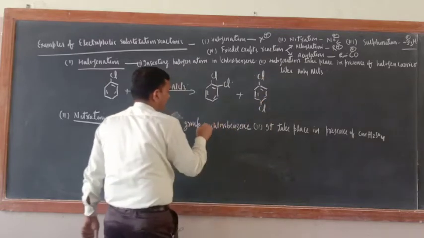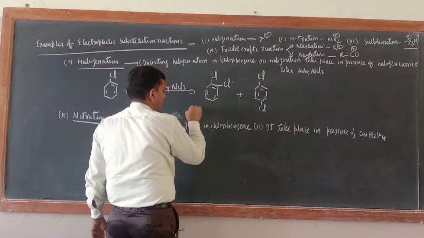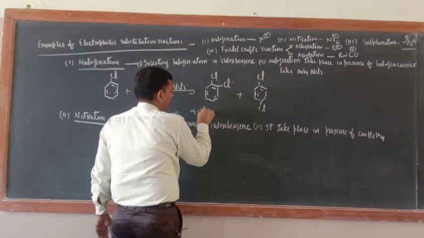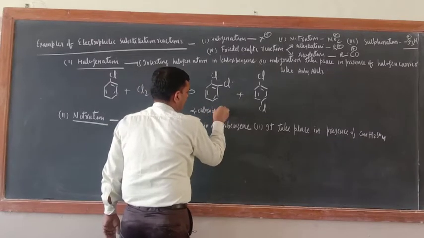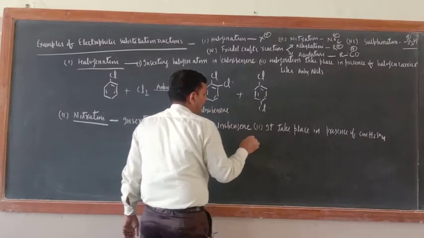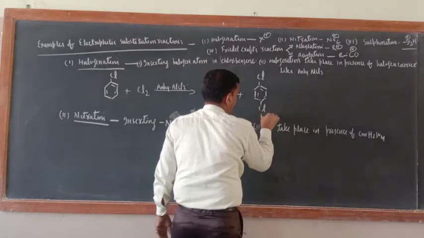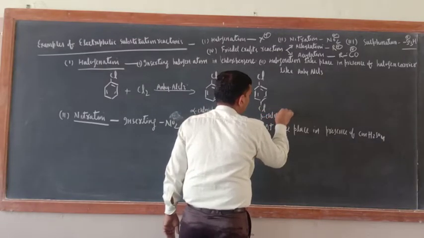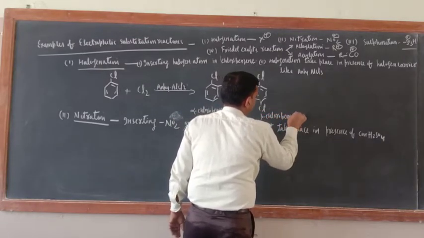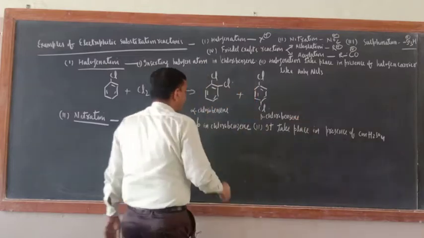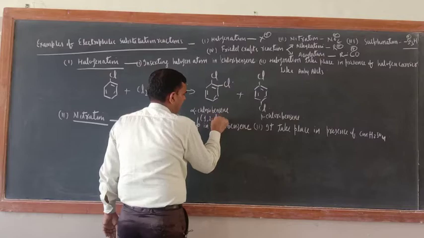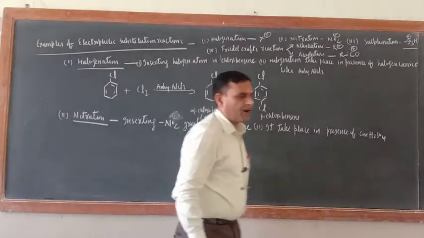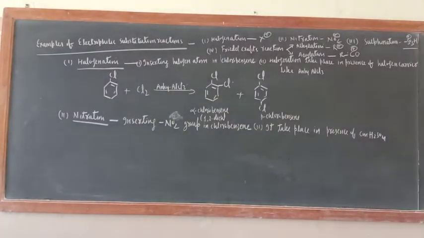What is the name of this one? Ortho-dichlorobenzene, the IUPAC name is 1,2-dichlorobenzene.